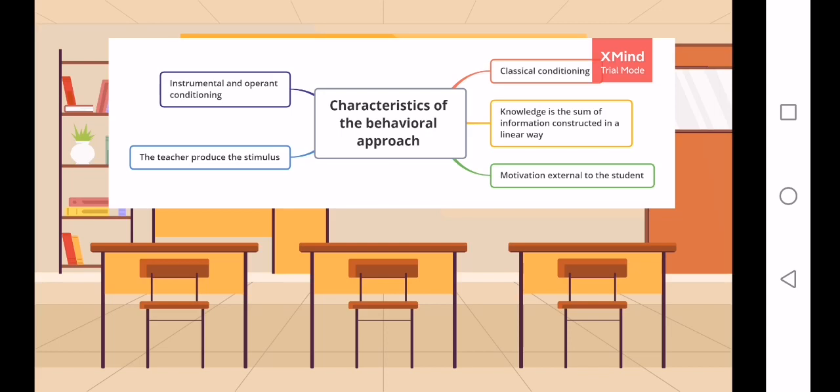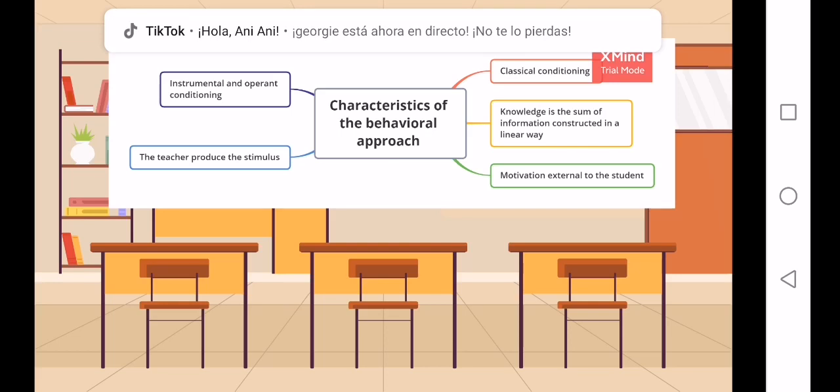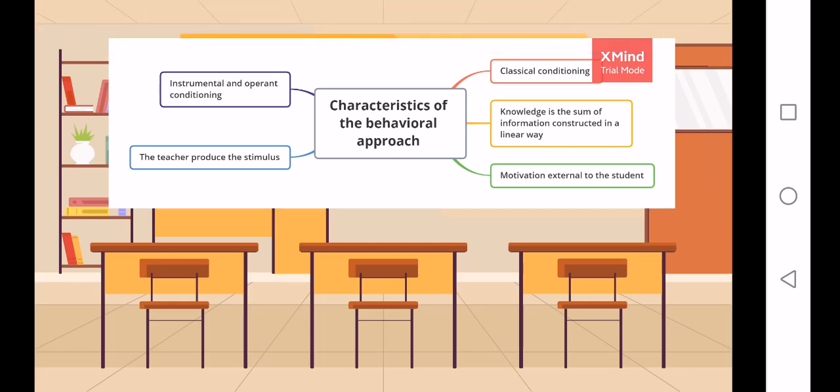Negative reinforcement is like when our teachers say, if you don't do this exercise in time, you will have fewer points, something like that. And punishments.